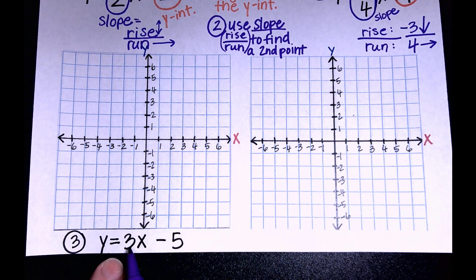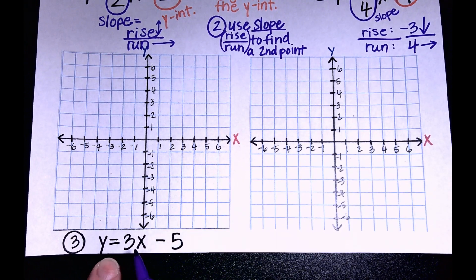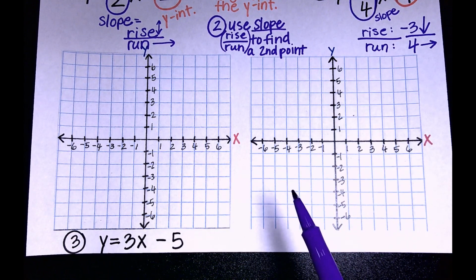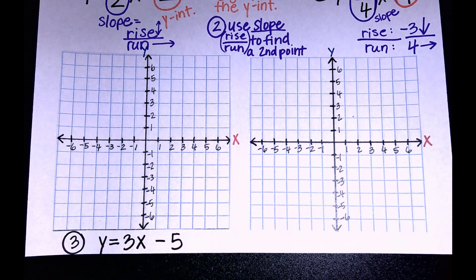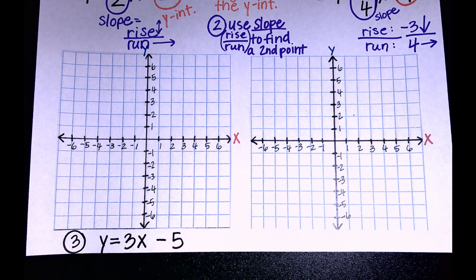So my 3 is my slope. And for slope, just like we did in the last 2 problems, we need a rise and we need a run. Since there's just one number here, our rise would be 3, but since there's not a number on bottom, how do we know what our run is?